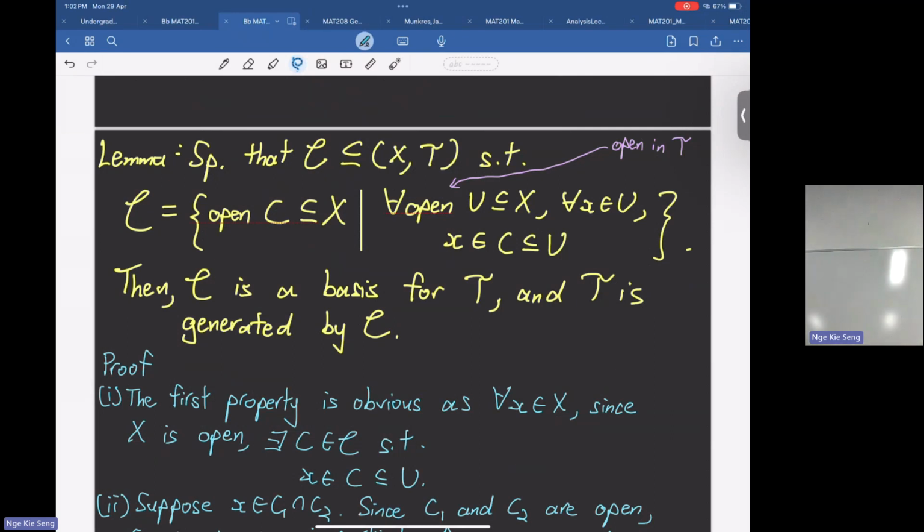So for each topology, can you find, given a topology, whether this set will create the smallest basis?